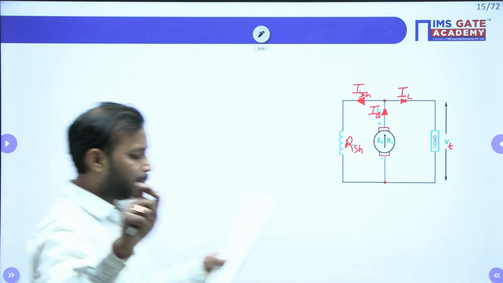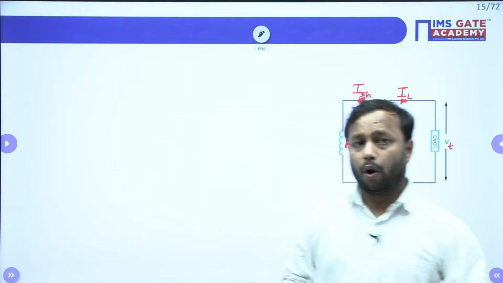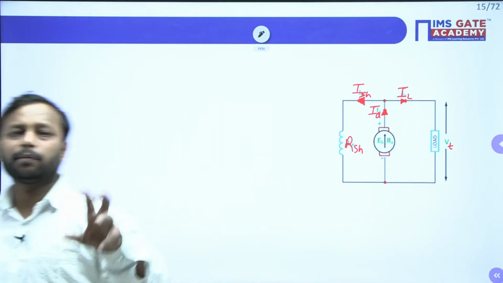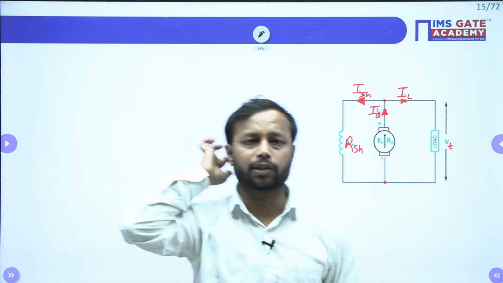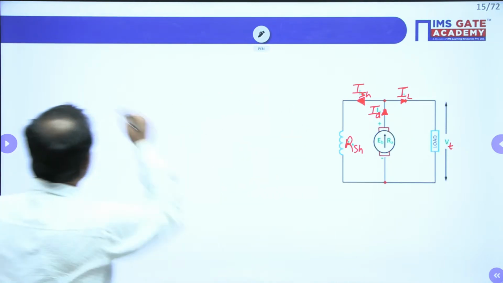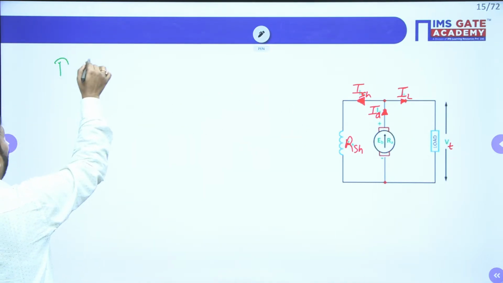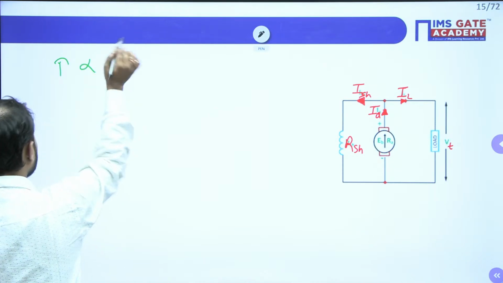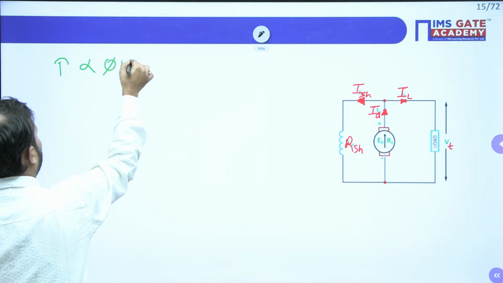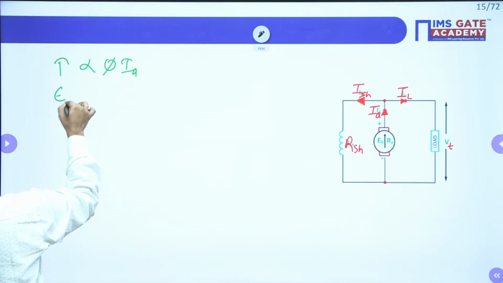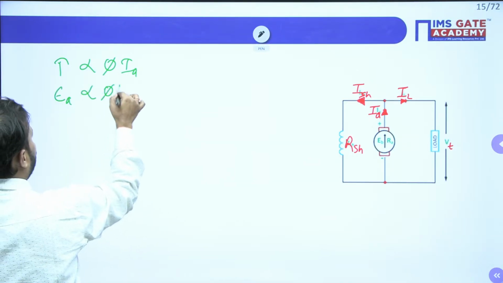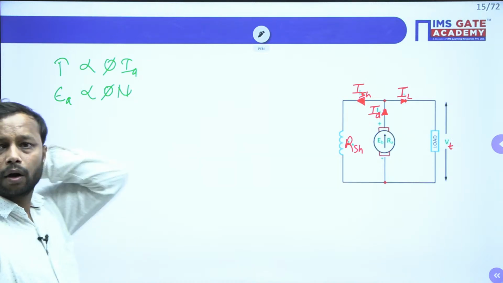Again guys, please remember, for DC machine questions we require two equations. The first equation is the torque one: torque is proportional to phi into IA, and your EMF EA is proportional to phi into N, for the shunt machine.